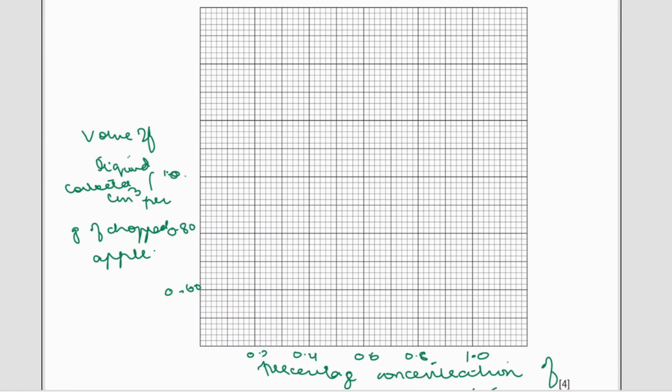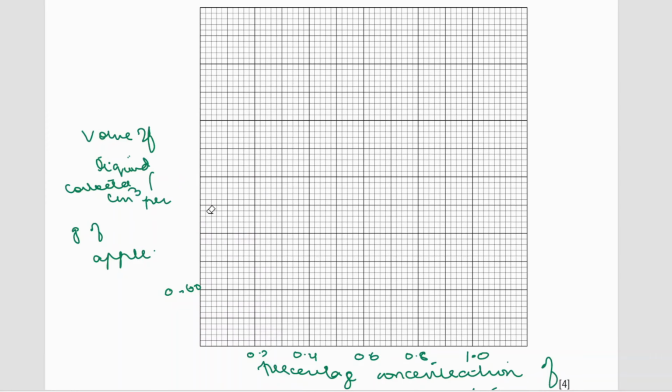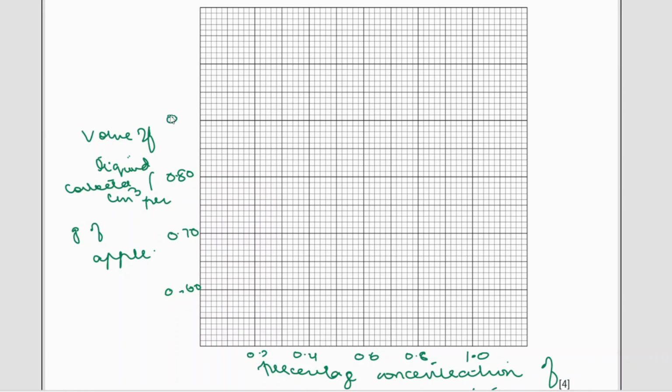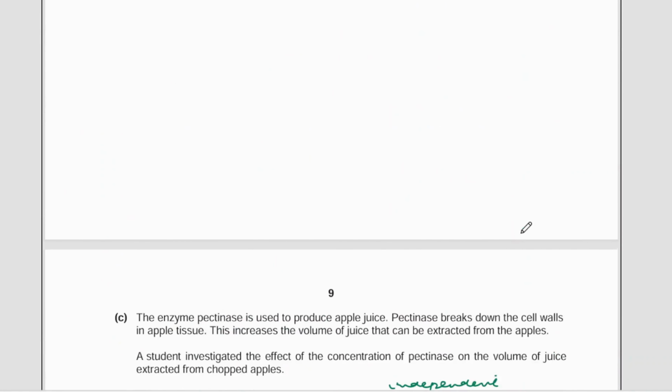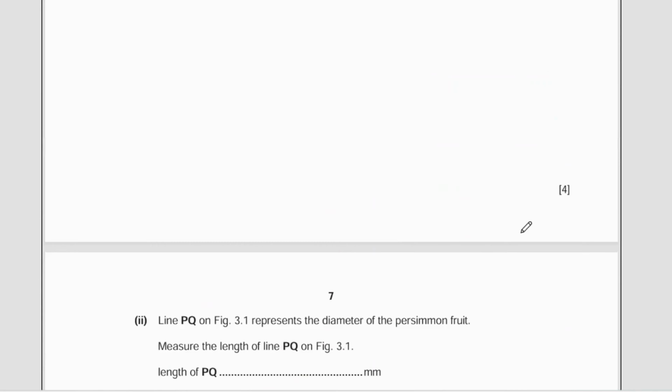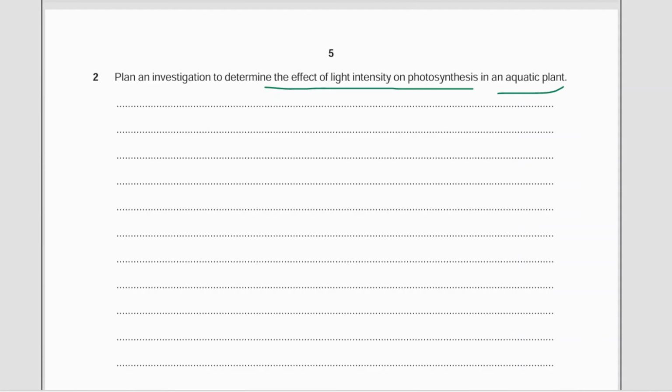Okay, wait, let's make it bigger. Instead of 0.60, right here 0.70, 0.80, 0.90, and then 1.2. Done? Now attempt this question related to plan and investigation and then send me the answer.